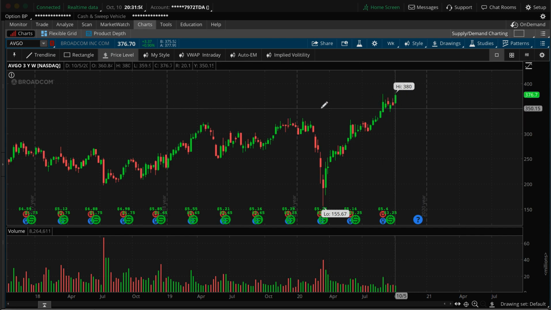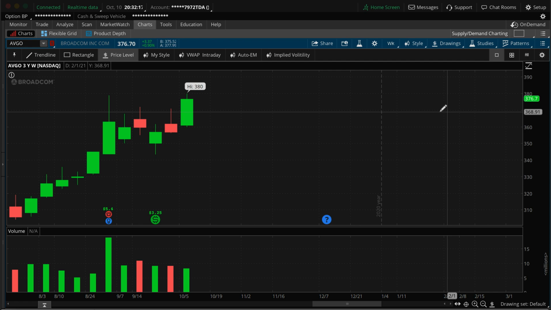You don't need to necessarily look for something over here, because this would be a supply zone, but we've already broken through that before, so that would be an invalid zone. This you could have as a valid demand zone, but that's at 305. We're at 380. You could put it on there, but we're likely not to get there anytime soon when we're up at 380.